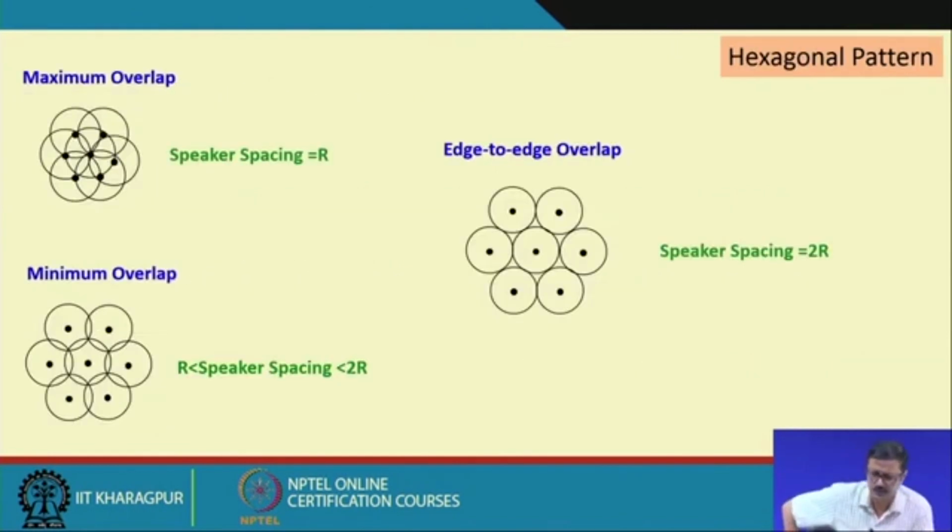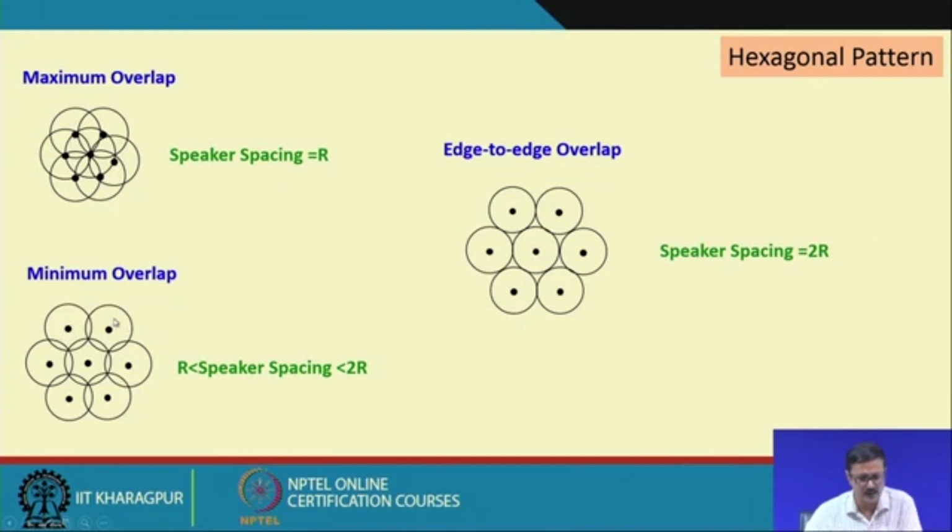So, there are some hexagonal clusterings also. The black points are the speaker points and these circles are the potential coverage areas at the listening level. It can be a minimum overlap, where the distance between them may be r, and there may be a maximum overlap.